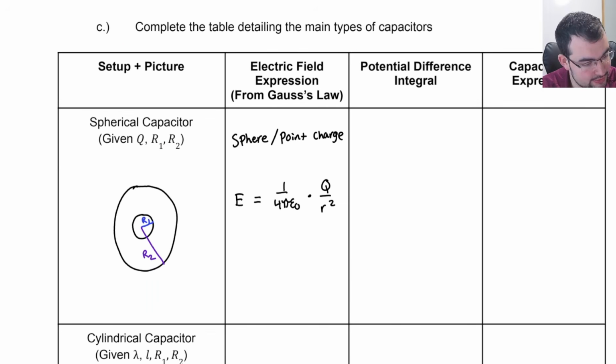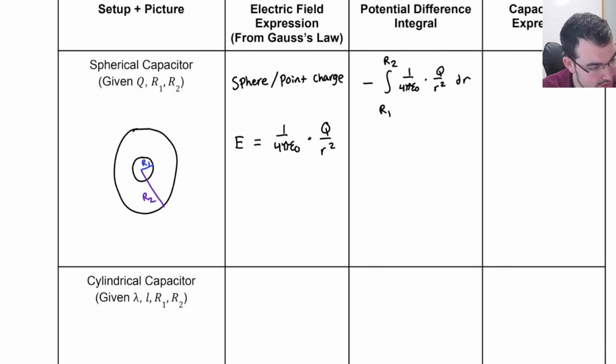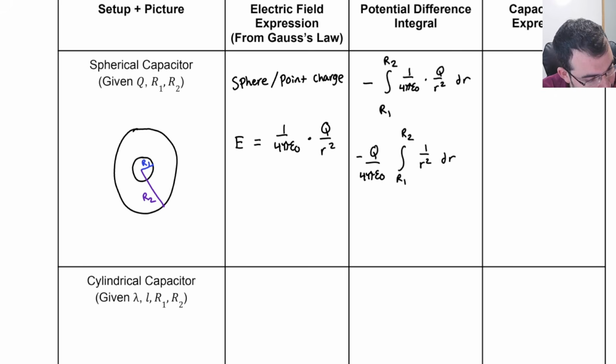So our potential difference is going to be the negative integral from R1 to R2 of our E field, which is 1 over 4 pi epsilon naught times Q over R squared dr. This evaluates nicely because the Q and the 4 pi epsilon naught are constants. So we're just left with the integral of 1 over R squared dr.